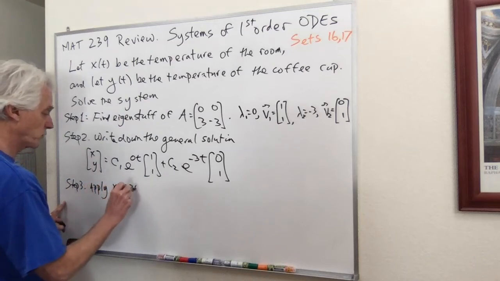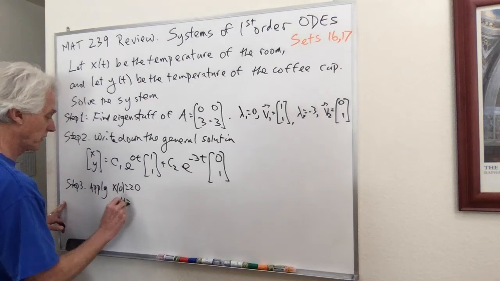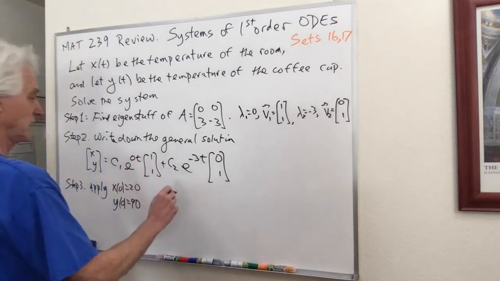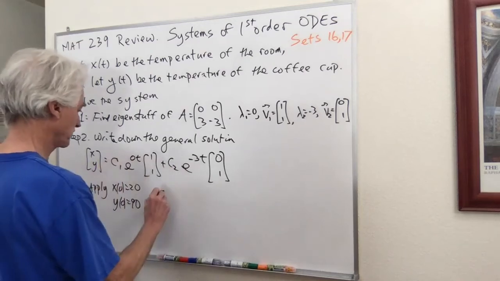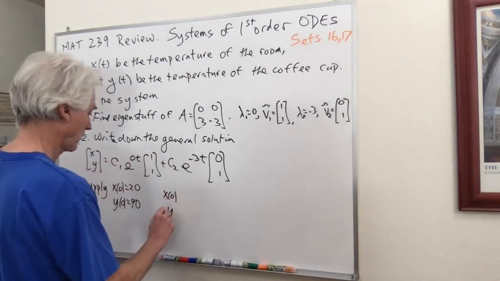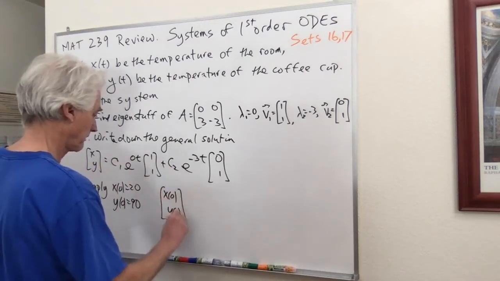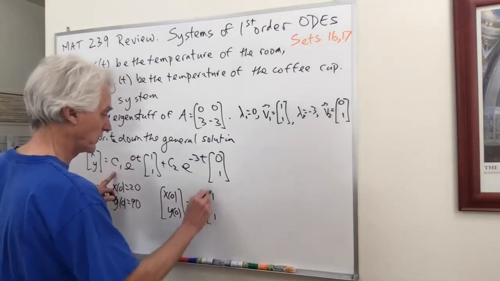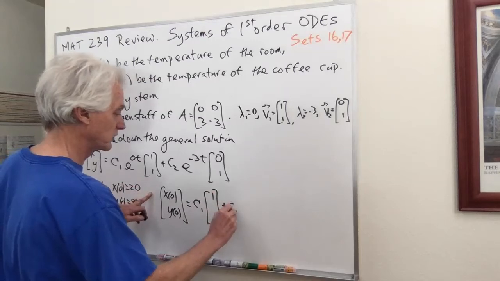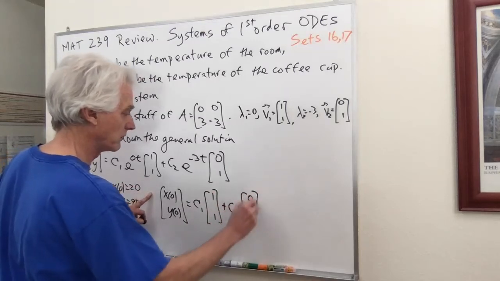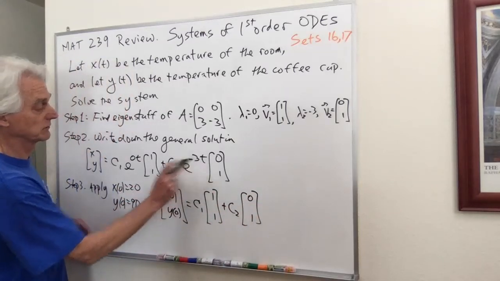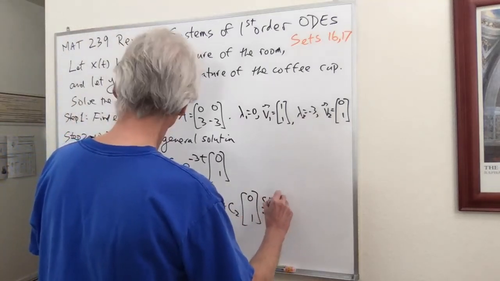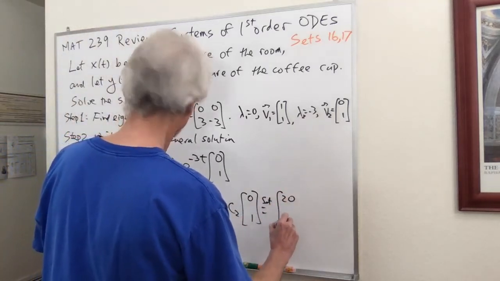So x of 0 is 20, y of 0 is 90. From the general solution we get (x of 0, y of 0) is equal to c1 times (1, 1) plus c2 times (0, 1), setting time equal to 0 here. And we're going to set that equal to (20, 90).